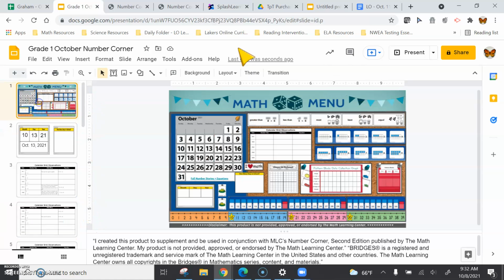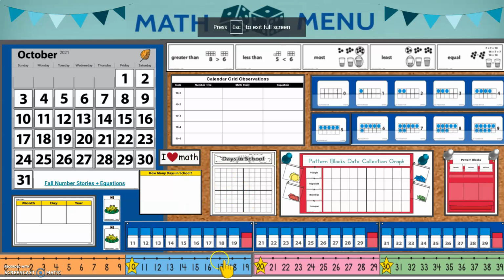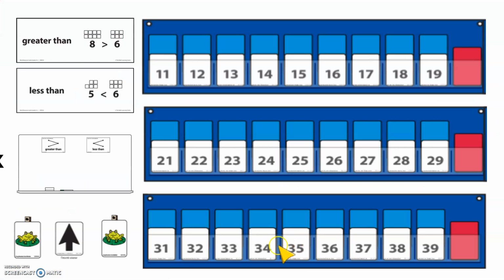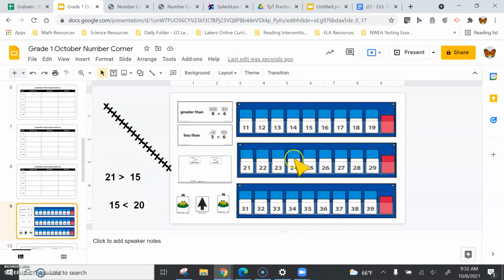Let me take you to our new activity that we're going to do. We're going to play a game. I'm going to get you started, and we'll be doing this in class also, so don't worry. We're going to play a game where we are going to talk about greater than and less than. If you look at the screen right now, we have some information that we had before. We talked about greater than, and we said 21 was greater than 15.